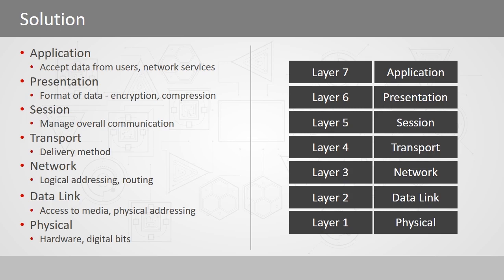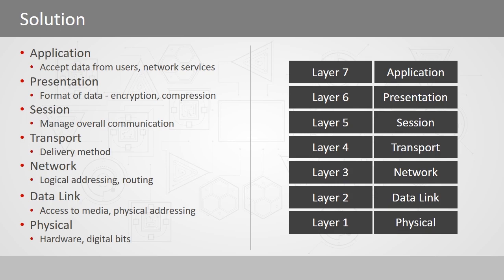One is more reliable, but the other is faster. At the network layer, we see logical addressing and routing taking place. This is where we see IP, for example. Then the data link layer provides access to the media, physical addressing, or the MAC address.